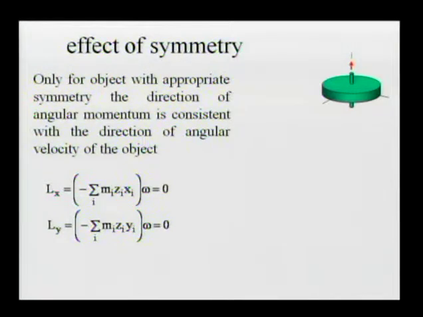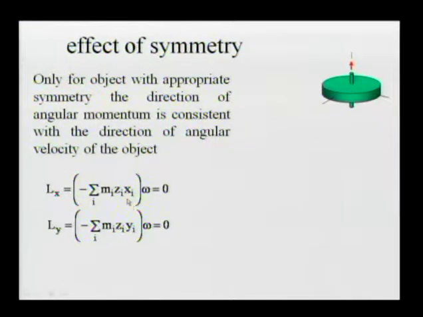Now, how about if it is a thick object? I see that if it is a sheet, I can have angular momentum and angular velocity in the same direction. Now, how about if it is symmetrical about the xy plane? So for every particle above the plane, I have a corresponding particle below.